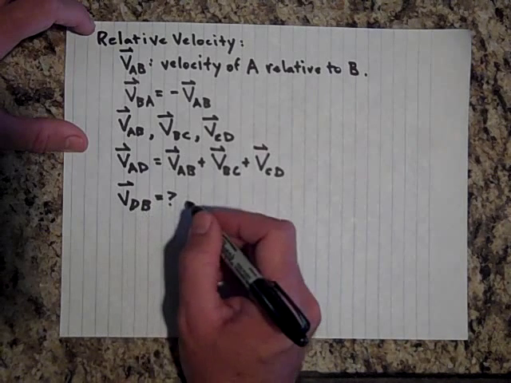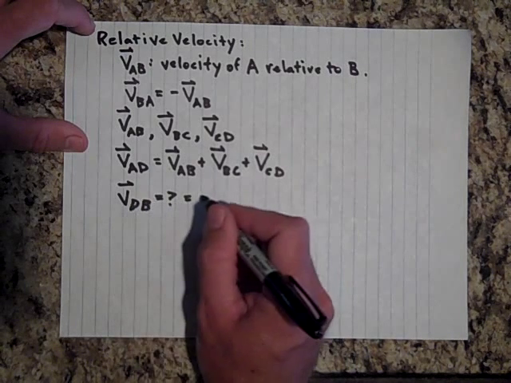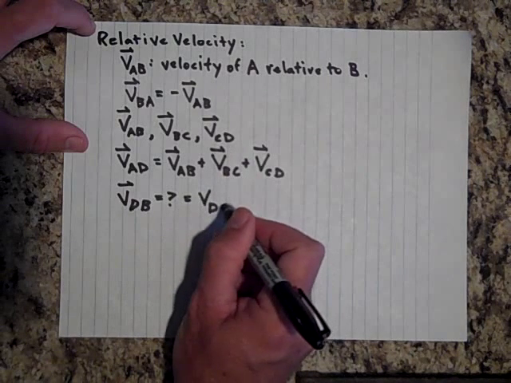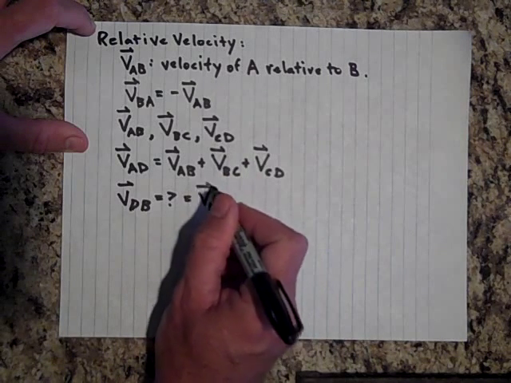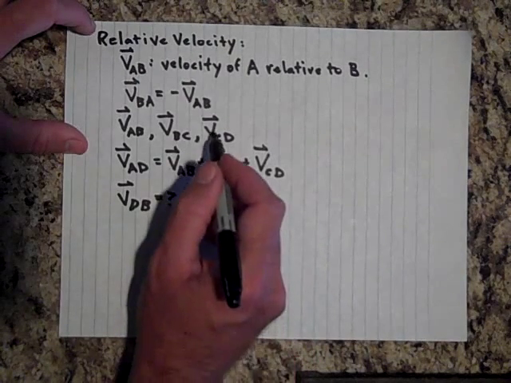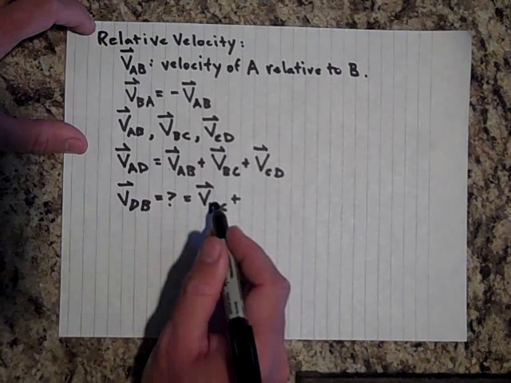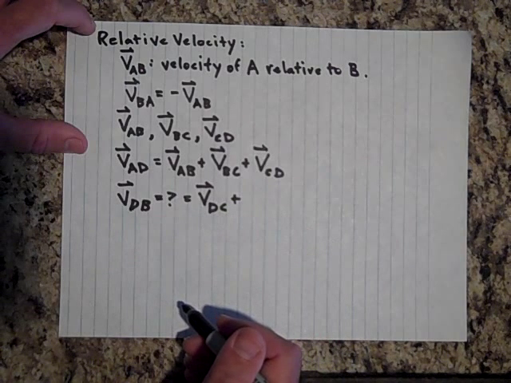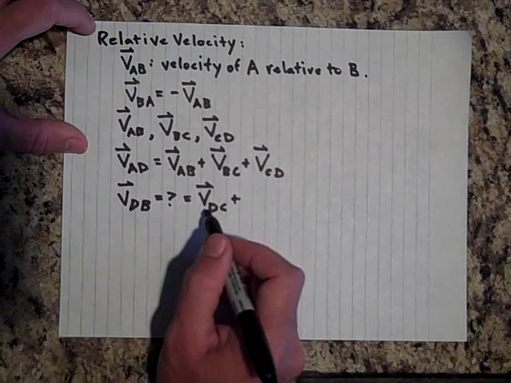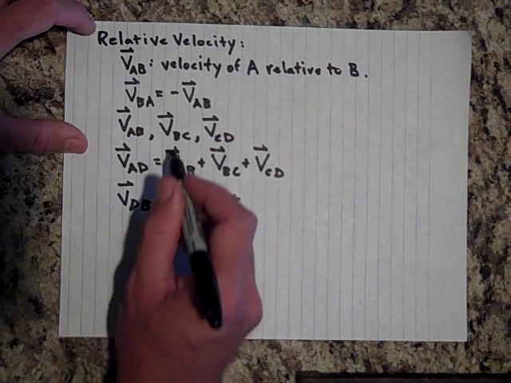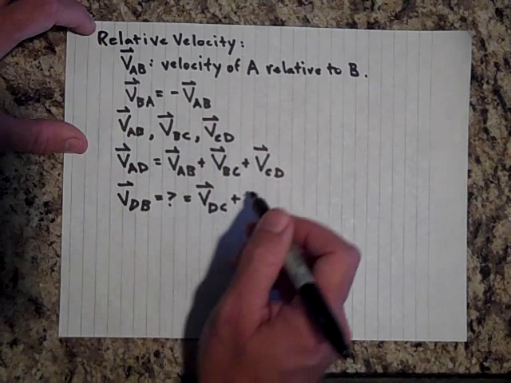So to get the answer to this, I'm going to start with a D. And maybe I'll go to C. Again, I know that. That's just the opposite of that vector. It's the same magnitude, but in the exact opposite direction is what I mean by that. So this is the velocity of D with respect to C, but I want it with respect to B. And so I'm going to start where I left off.